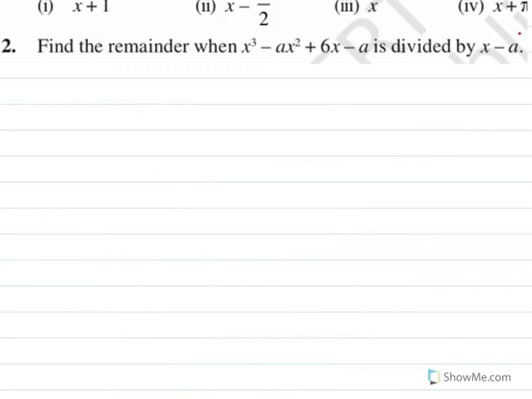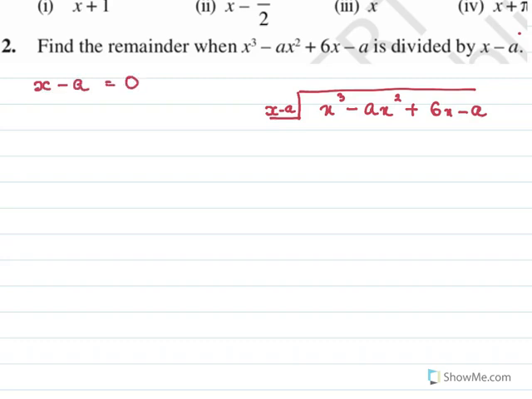Find the remainder when x cube minus ax square plus 6x minus a is divided by x minus a. So for this, first I'll do x minus a equal to 0, so x equal to a.